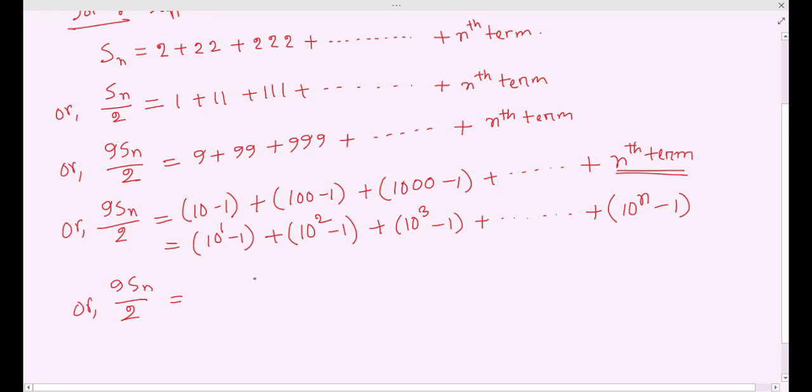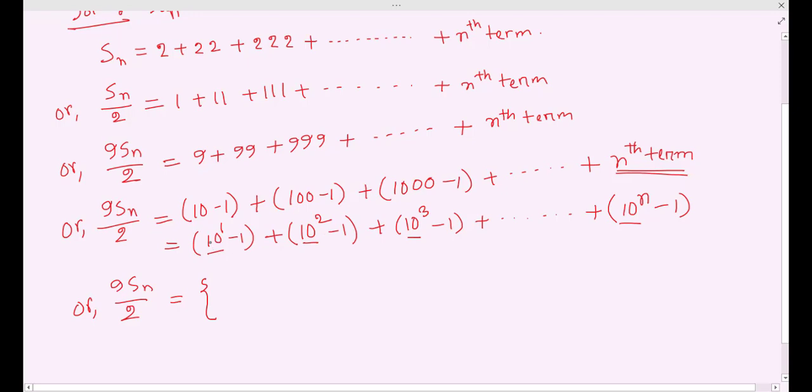Now if we split the terms, 10 to the power 1, 10 square, 10 cube, they all are added, and from each term minus 1 is subtracted.